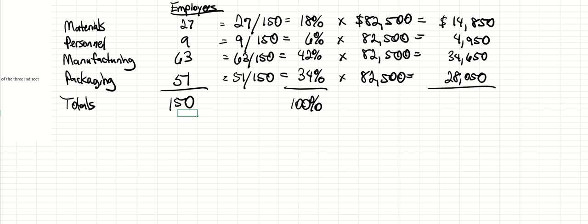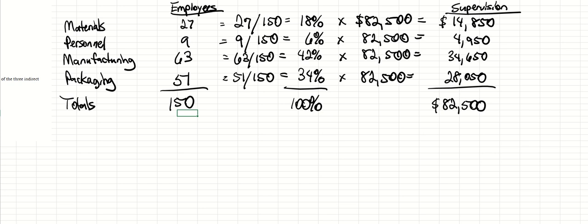Okay, so just adding everything up, we do come out with $82,500. That's just our confirmation. We're making sure that we've included or allocated all of the cost of $82,500 that went towards supervision.